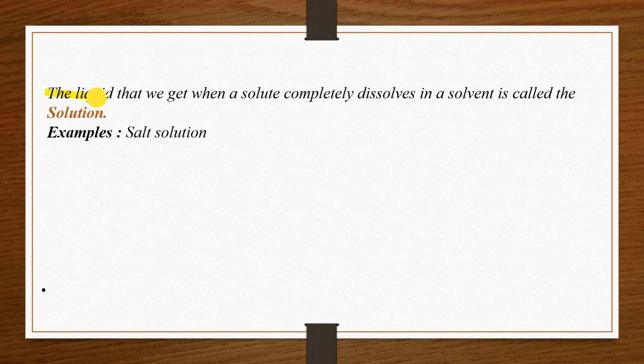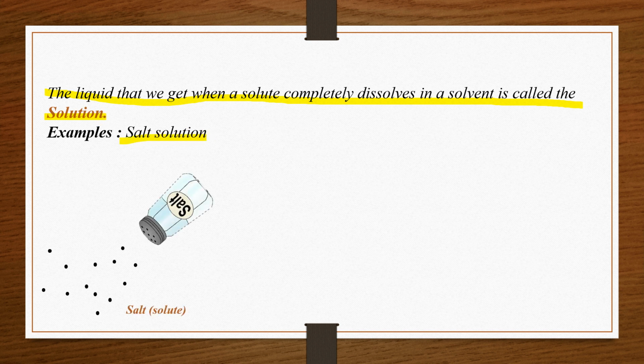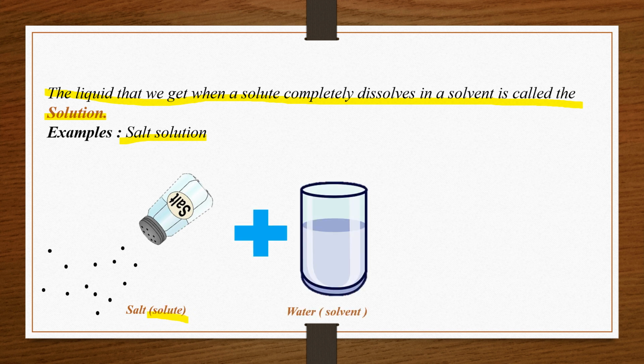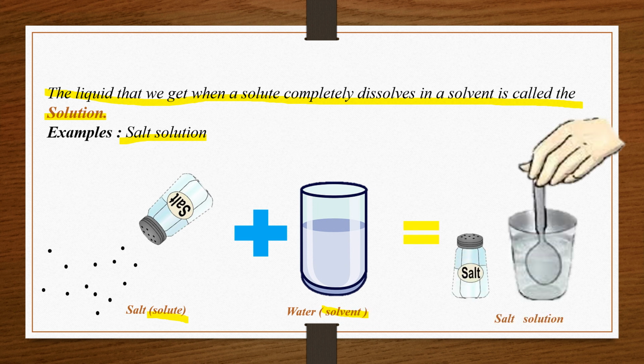Now, the liquid that we get when a solute completely dissolves in a solvent is called a solution. For example, salt solution. Let's see. First you take salt, that is the solute. Then you take one glass of water, that is the solvent, and mix it properly. You will get salt solution.